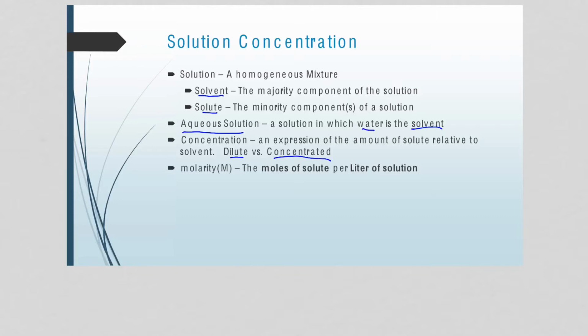These give some general idea of, oh, we have very little solute in a dilute solution, or a large amount of solute in a concentrated solution. But that's only so useful, and ultimately we need to have ways to quantify this.